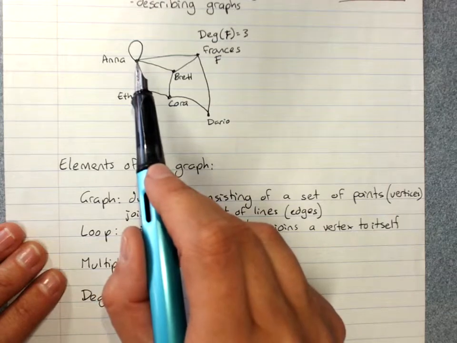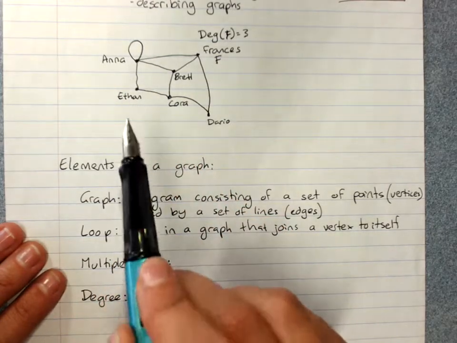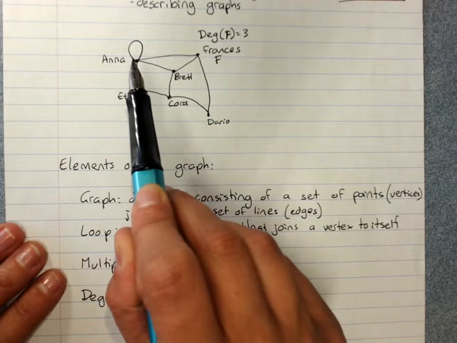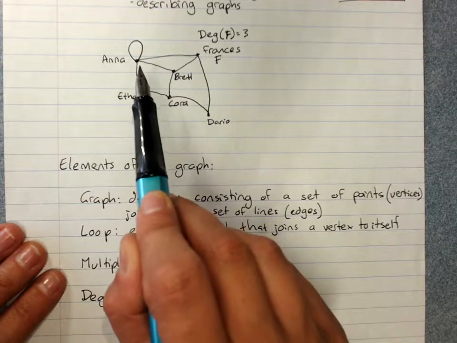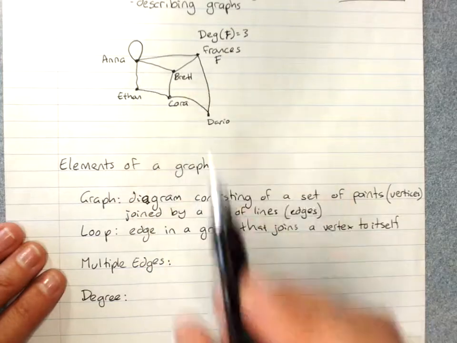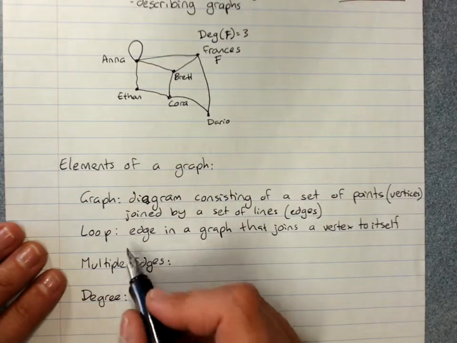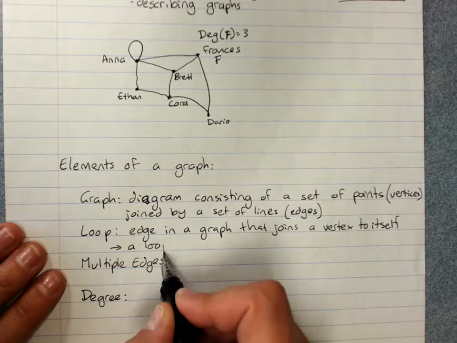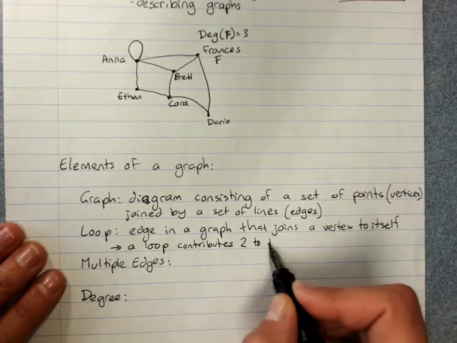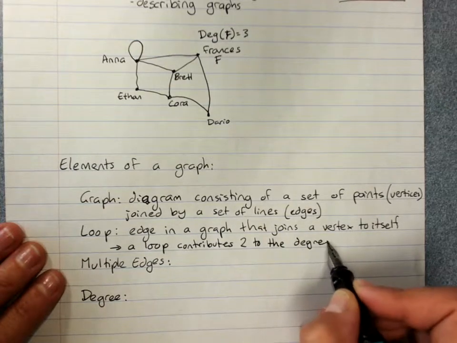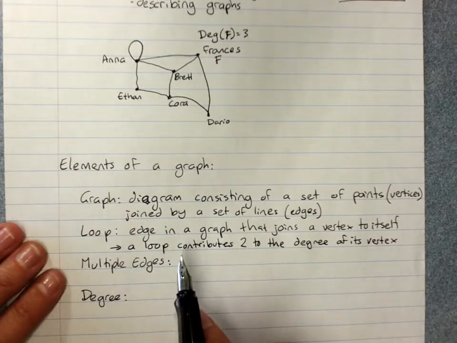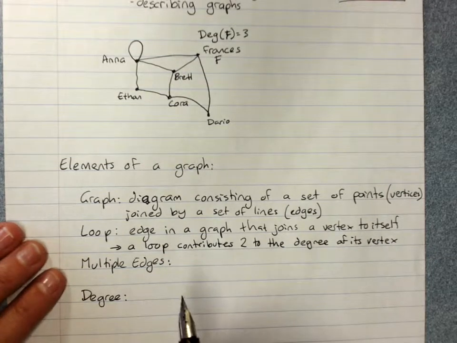So this added one edge, but it adds 2 to Anna's degree because there's 1, 2, 3, 4, 5 edges coming into Anna's point, her vertex. So a loop contributes 2 to the degree of its vertex.